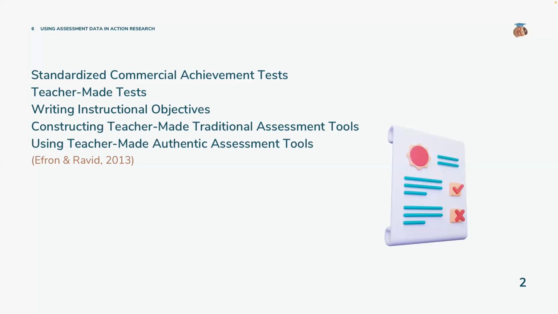A criterion reference test measures a student's performance against a set of criteria or standards to determine whether they have achieved a certain level of mastery in a subject or skill. Unlike norm reference tests, criterion reference tests do not compare a student's performance to other test takers.